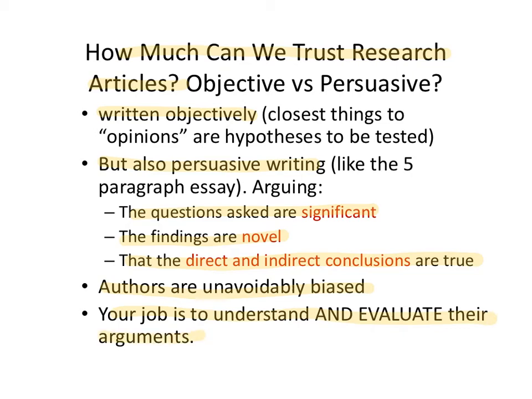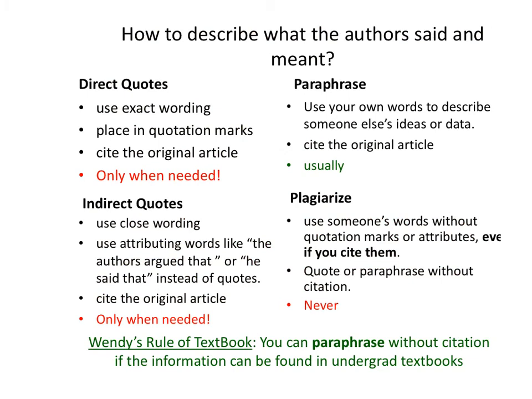As we go through this analytic process, we will be talking a lot about what authors said and what they meant, and so we want to talk about some common definitions and expectations about how we describe or repeat the author's wording. So direct quotes and indirect quotes are very similar.